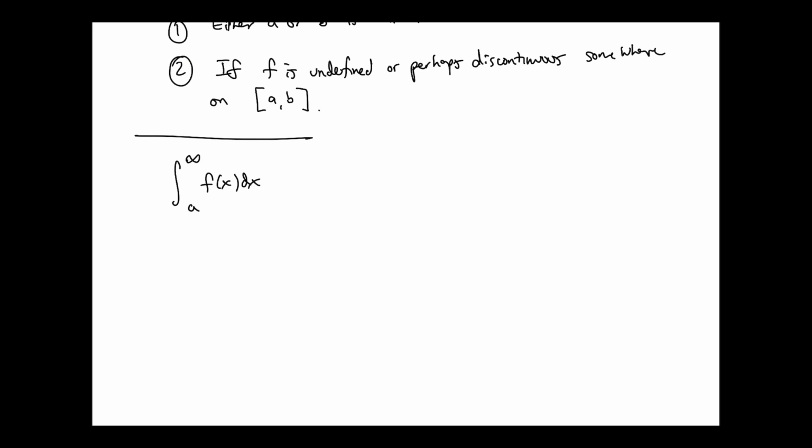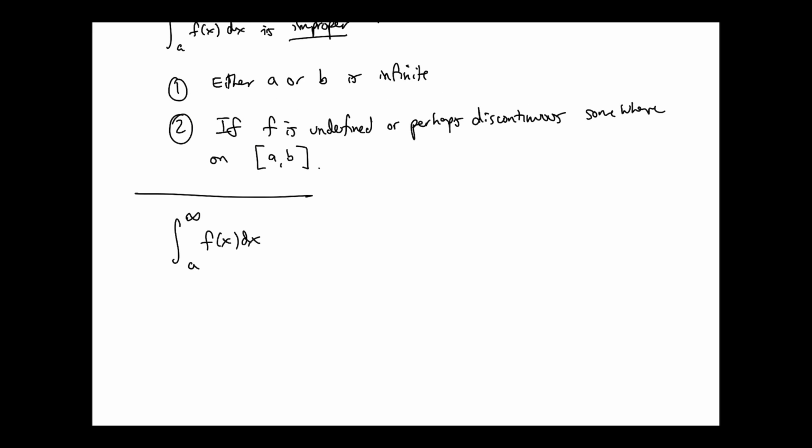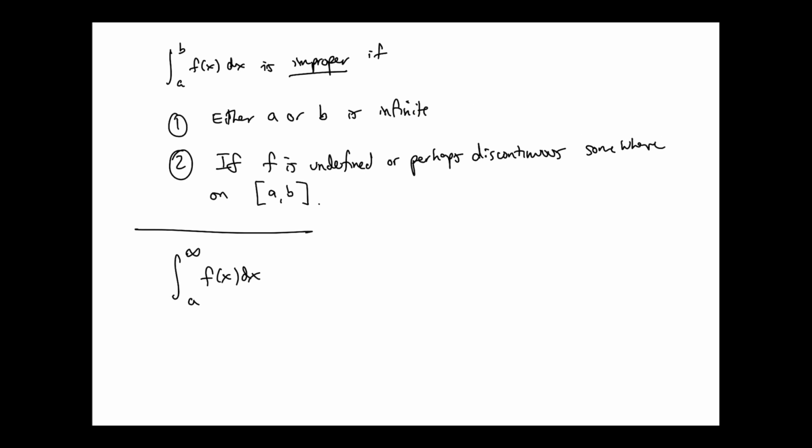Oh, and I should mention, by the way, is it possible for an integral to be improper in both ways? Is it possible for it to have an infinite bound and also have a continuity problem? Totally. Now, you hope that that doesn't happen because that means you've got a lot of work to do, but it totally can happen that an integral can be super improper.